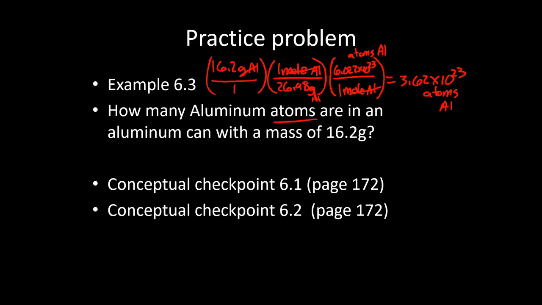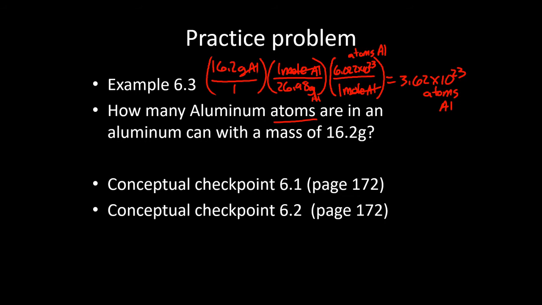There we go. Okay, conceptual checkpoint 6.1. Actually, let's do 6.2 and 6.3 instead. 6.1 is actually going to take us back a little bit, at least in the edition of the book that I have here at my house. I have the 5th edition, so it's actually not the newest edition.